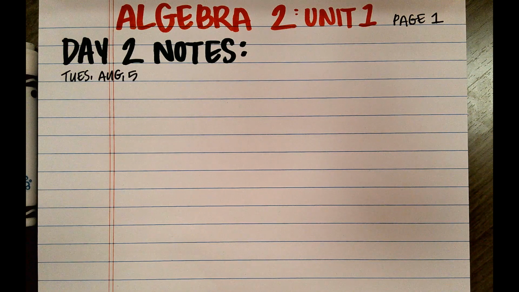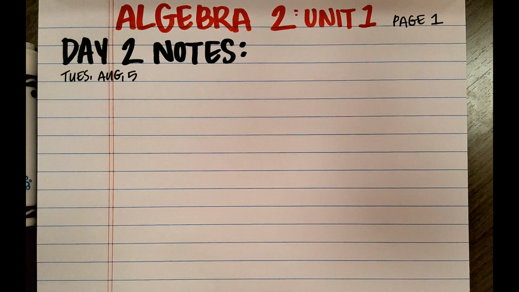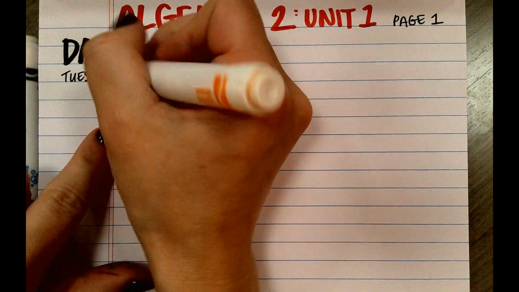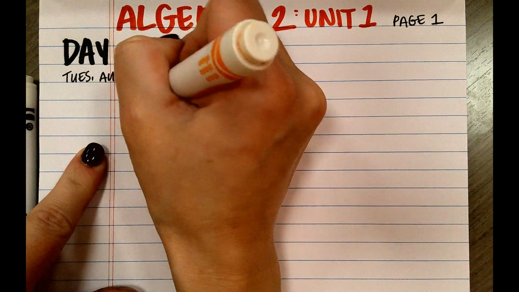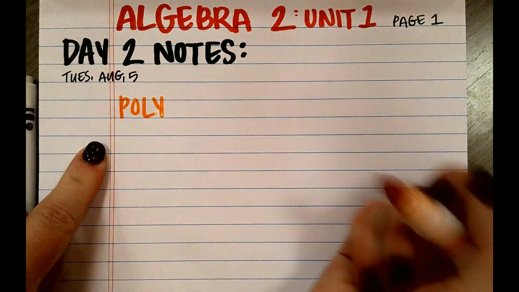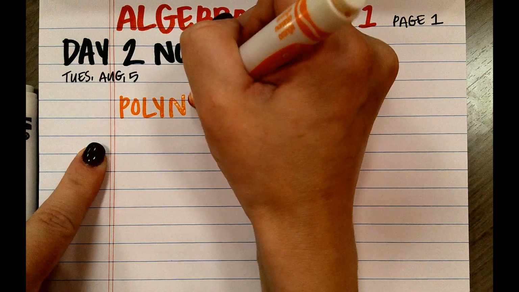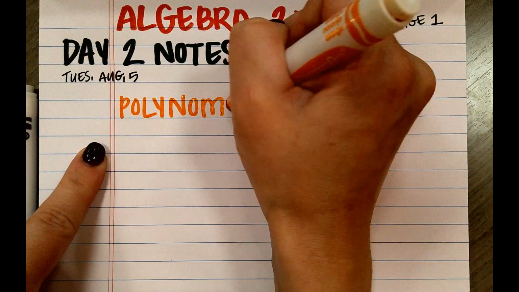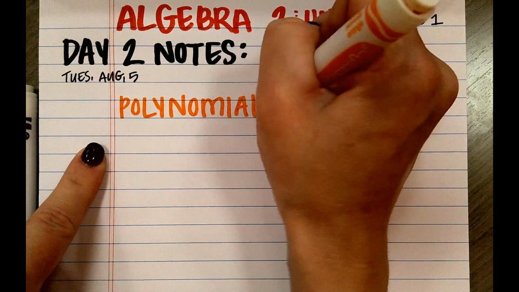There's also such a thing as a polynomial. A polynomial, I'm going to write this down. Polynomial.